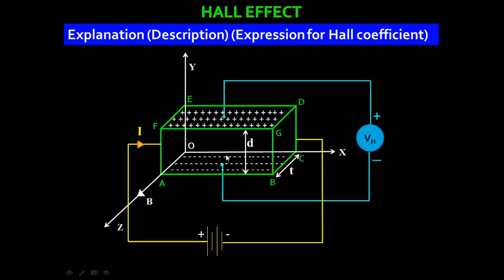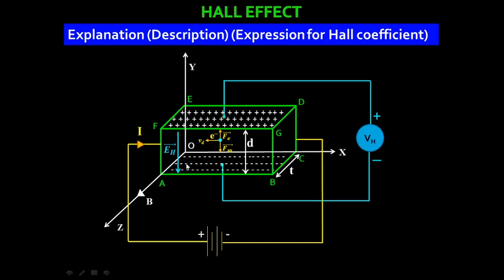Since this is an n-type semiconducting material, the charge carriers are electrons. Suppose this is one of the electrons. These electrons are drifted in the negative x direction, and suppose vd is the drift velocity of this electron.